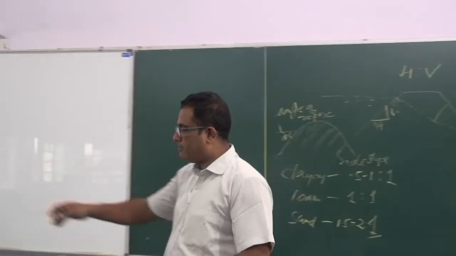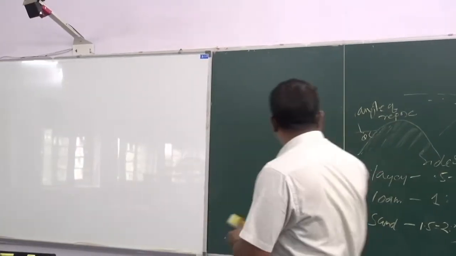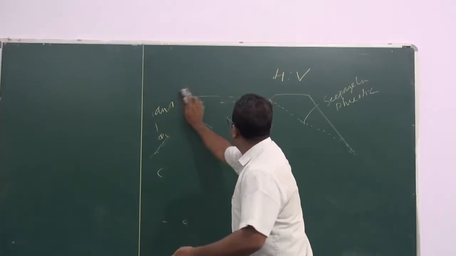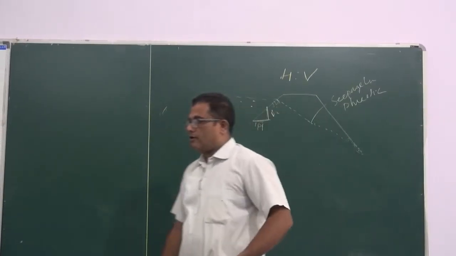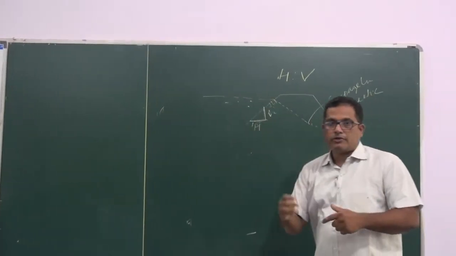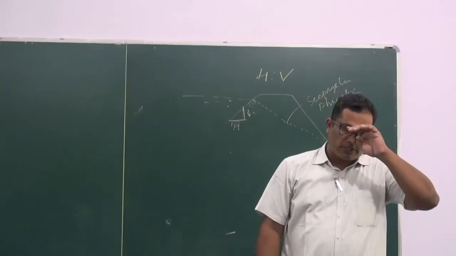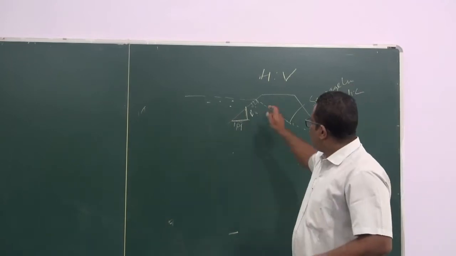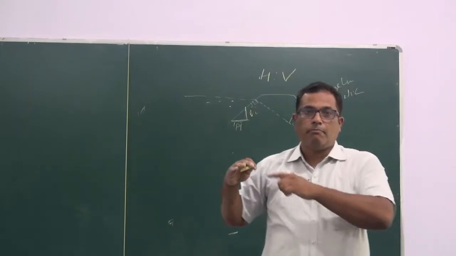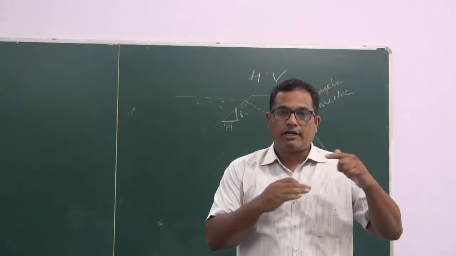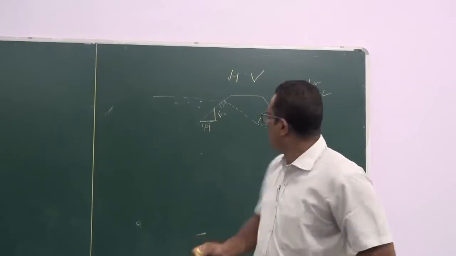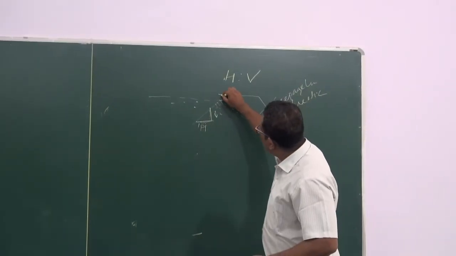The next design parameter that one has to take into account is the freeboard, or the free allowance. Whenever you design a dam, as you might have also studied in earthen dams, we will not fill the dam to the brim. A certain factor of safety is put aside, which we call the freeboard.